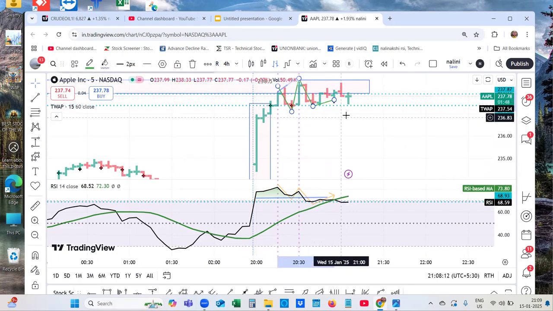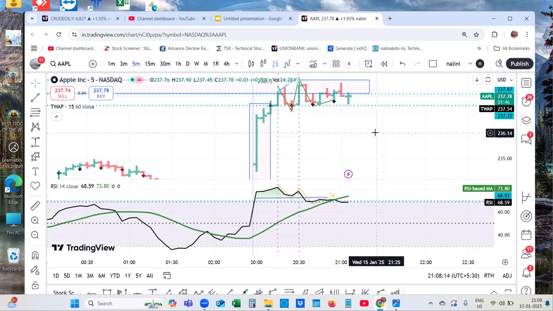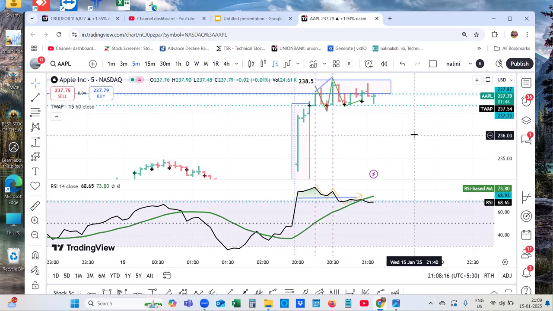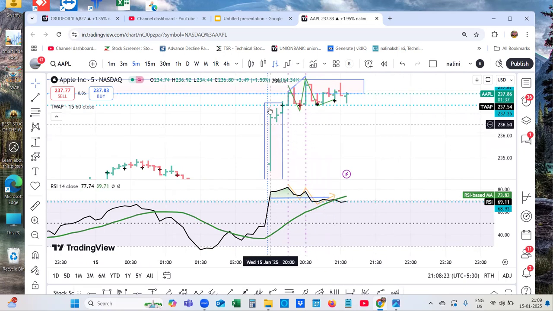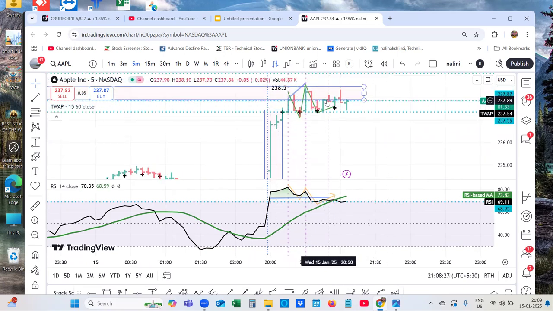Average weighted price has not shown a bend. That means still the price is not able to come down. So I'm showing you what happens in this type of setup. You need to wait. If you want to take a reversal trade, you need to patiently wait for the trade.